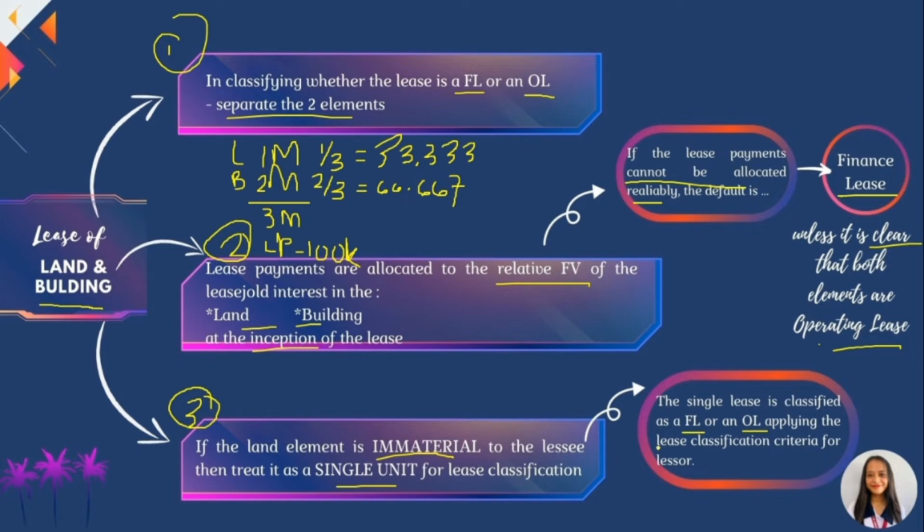And then, we just look at the inception of the lease to see which criteria it meets. If it meets the criteria for finance lease, that is our classification. Otherwise, operating lease. In such a case, the economic life of the building is regarded as the economic life of the entire underlying asset. So that is for lease of land and building.